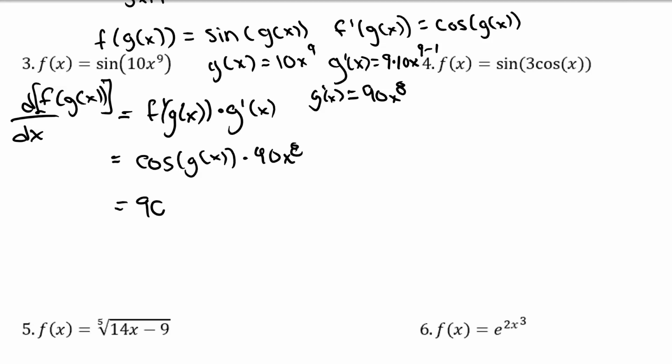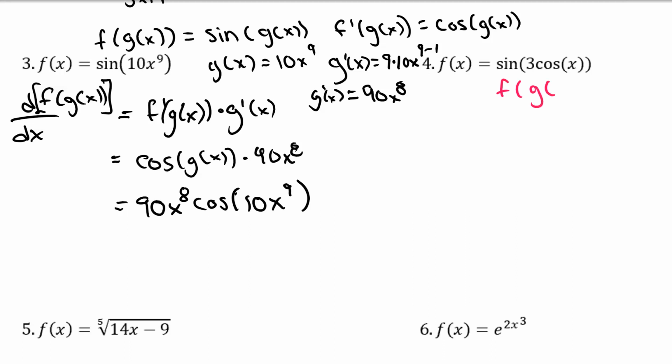So we've got 90x to the 8th cosine, and g of x was 10x to the 9th. All right, so I think we should be seeing a pattern here and be getting to the point where we can try problems on our own. But let's keep on trucking, so to speak.